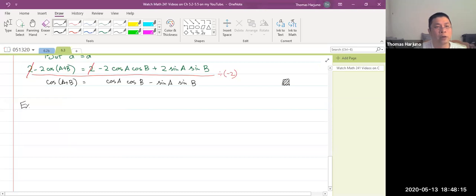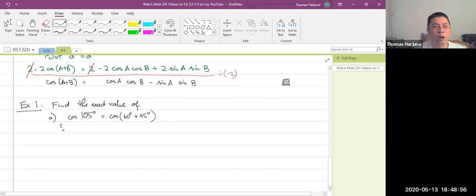So how do I use that formula? For example, suppose I want to find the exact value of part A. Let's say cosine 105 degrees, which is important too. Then we see cosine 105 degrees as cosine of 60 degrees plus 45 degrees, which according to our formula 1, you don't need to write that down.